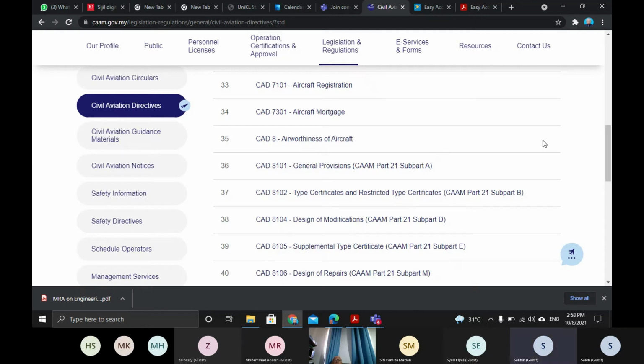Now there's a new part, Part CAMO, Part CAO. Will the CAA go into that? You ask them lah, you are the industry. Part CAMO and Part CAO break away from Part M Subpart G and Part M Subpart F. Part CAO contains both MRO and management of aircraft airworthiness.